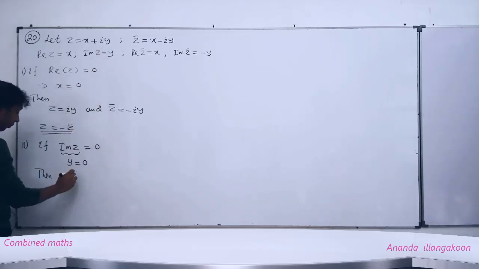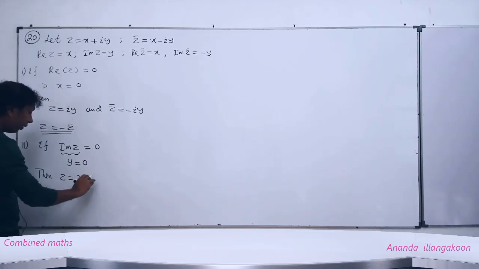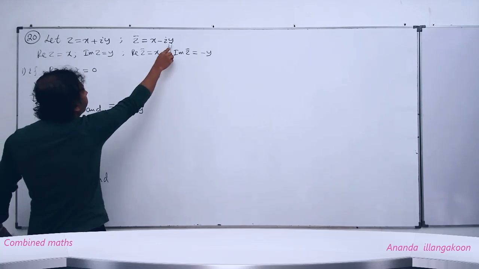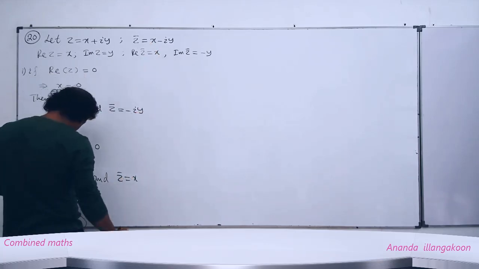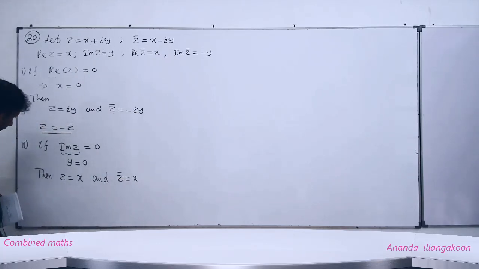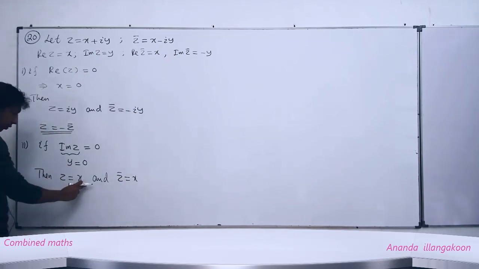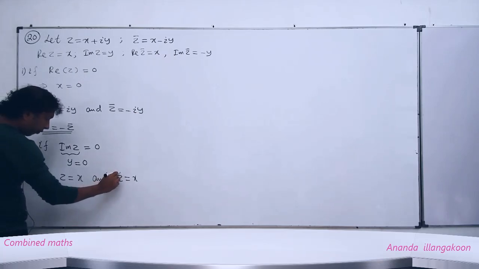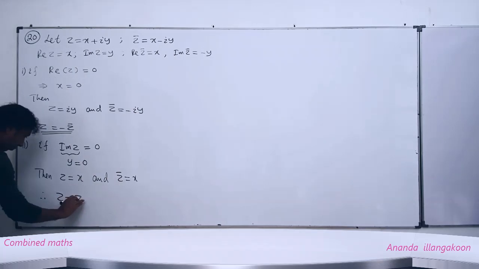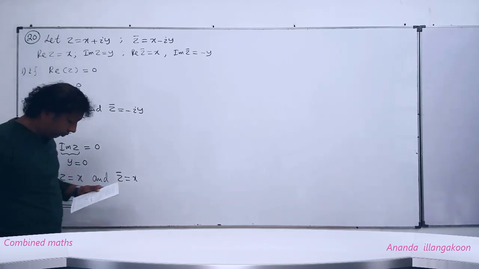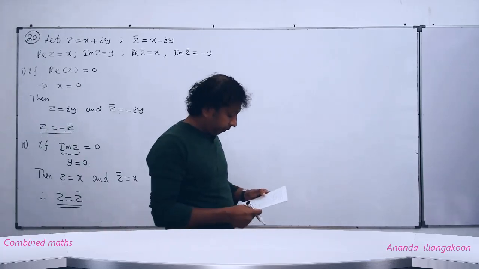Z is x. And here, y equals 0, Z bar also x, people, no? Then you can see y 0 means Z is x, Z bar also x. Then we can write, therefore, Z equals Z bar. Right, okay.